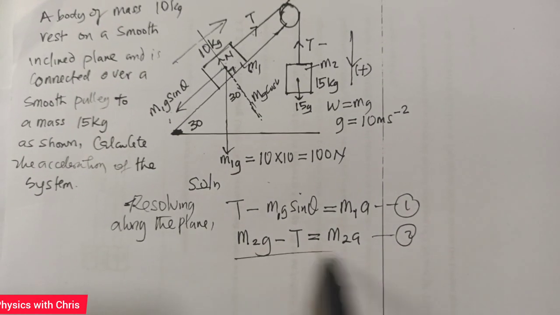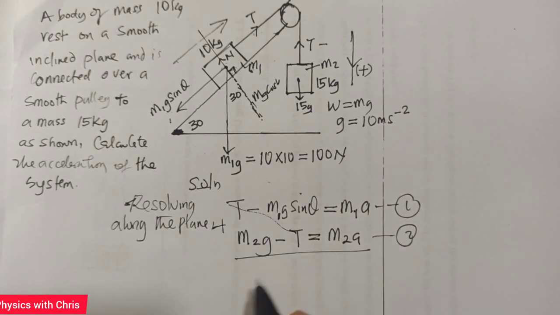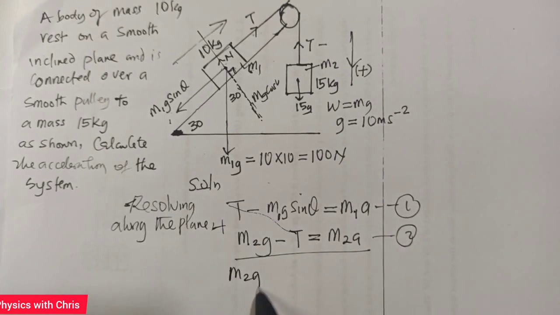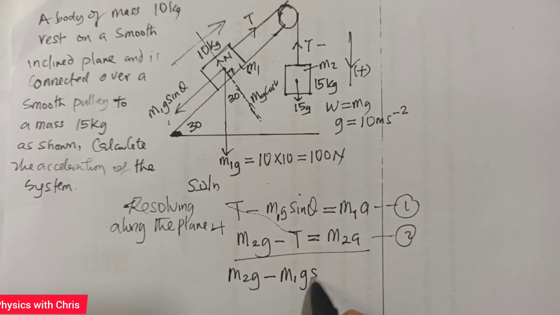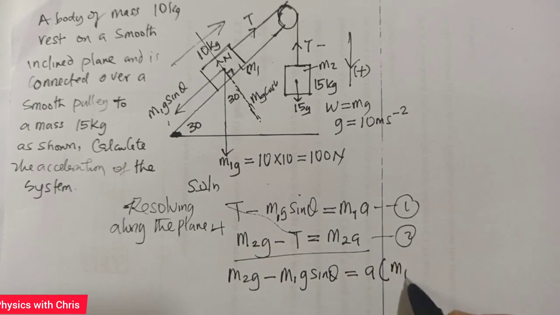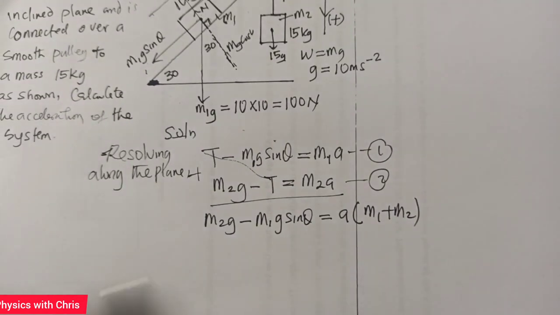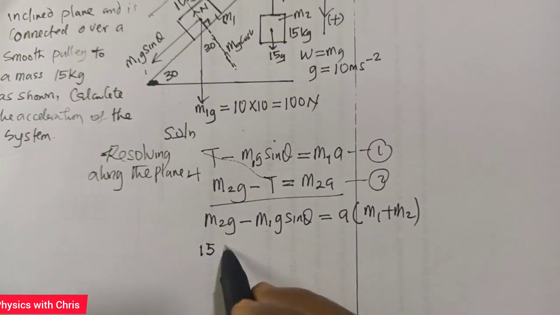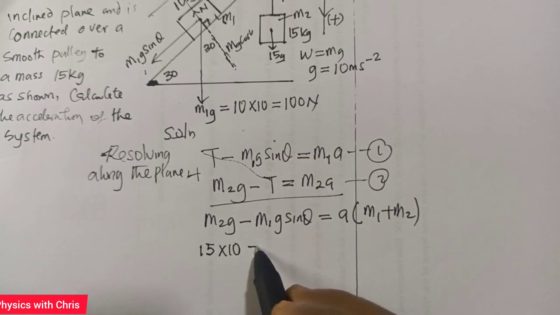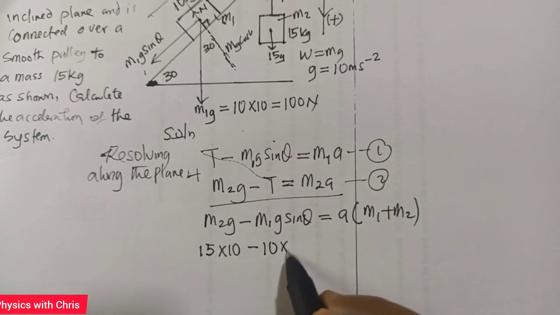Now I'm going to add these two equations, okay, so that T cancels T. So I have m2g minus m1g sin theta is equal to m1 plus m2 times a. I have to do this first in symbols, and then I'll make my substitution. My m2 is 15, so 15 times 10, minus my m1 is 10 times 10 times sin theta.